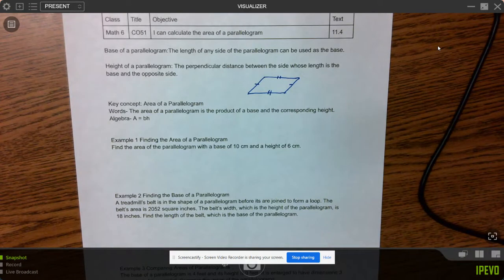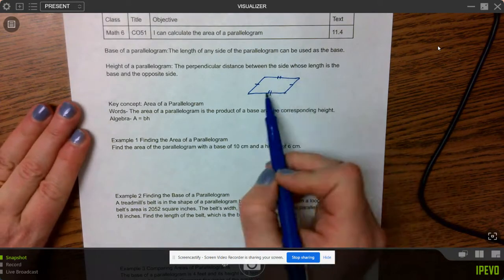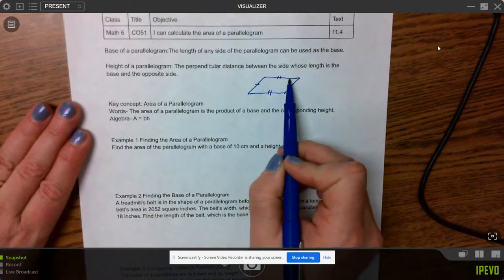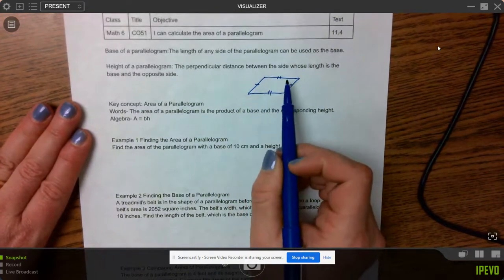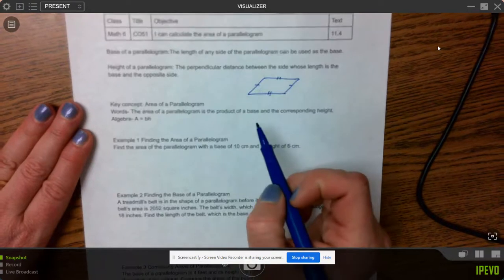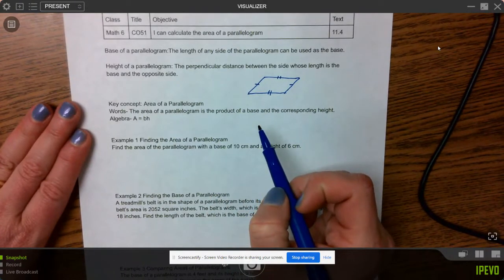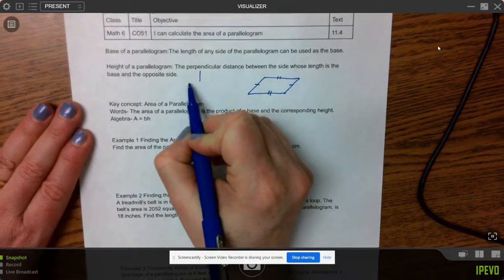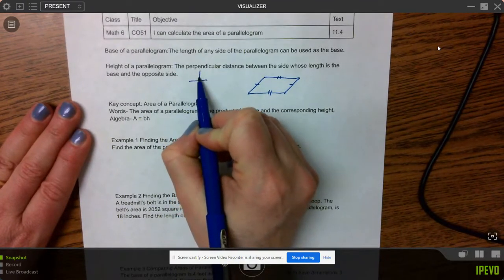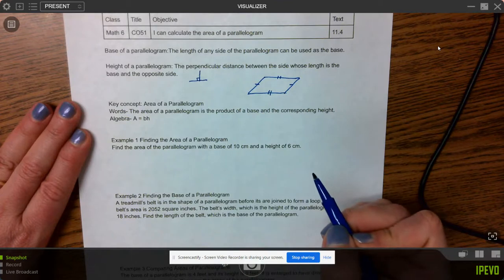The base of a parallelogram can be the length of any of its sides, and the height is the perpendicular distance between the side whose length is the base and the opposite side. When something is perpendicular, it means they go straight up and down and make a right angle.